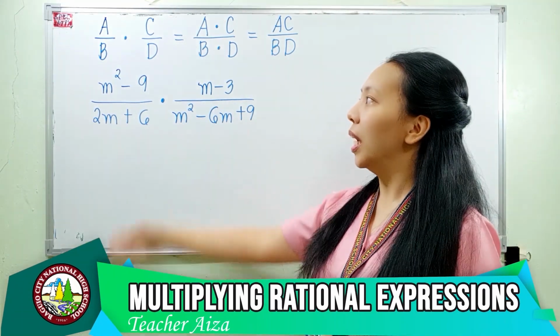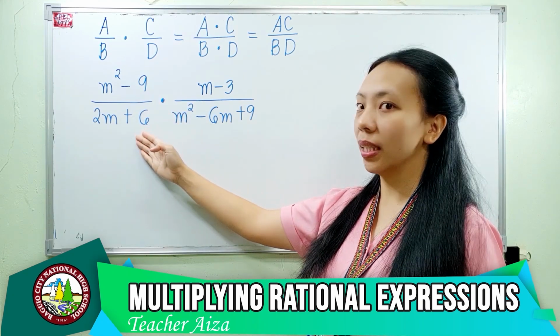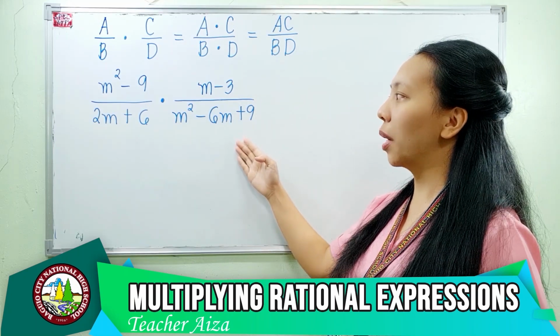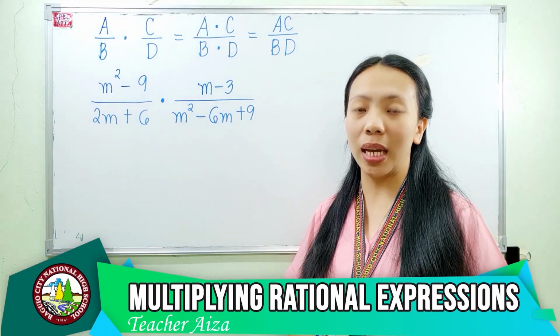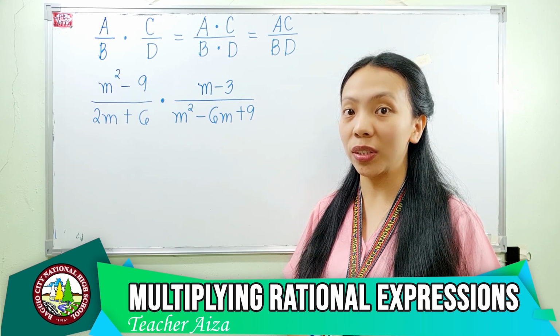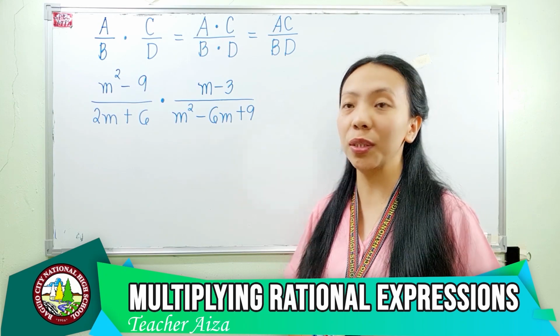We have m squared minus 9 all over 2m plus 6 times m minus 3 all over m squared minus 6m plus 9. It is easier for us to simplify first before we multiply, and so that is what we are going to do.